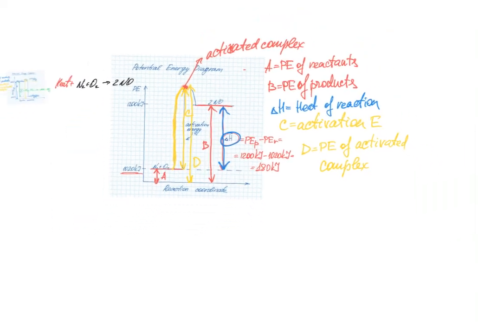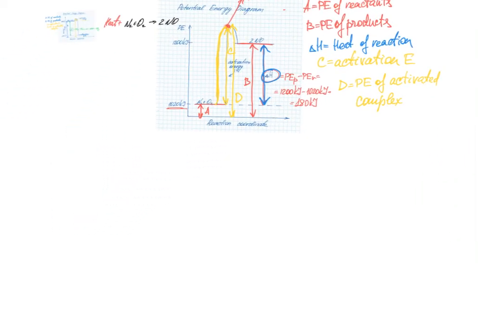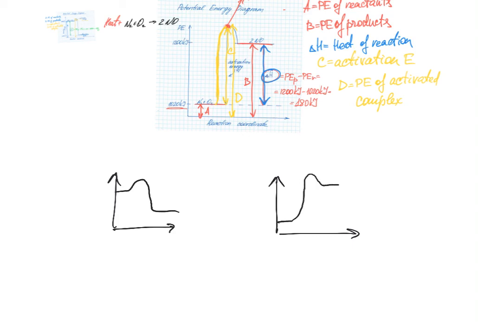You can clearly see that the shape of the potential energy diagram suggests whether you are talking about an exothermic or endothermic reaction. Our exothermic reaction will look something like that, while our endothermic reaction will have a low starting point and a higher ending point.